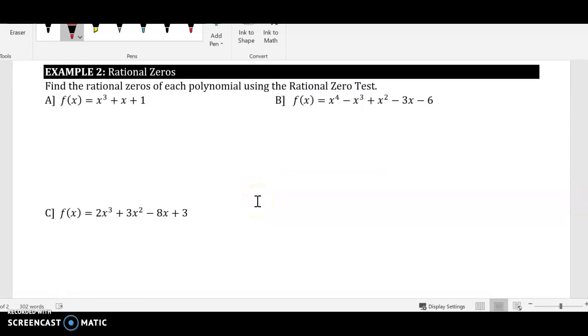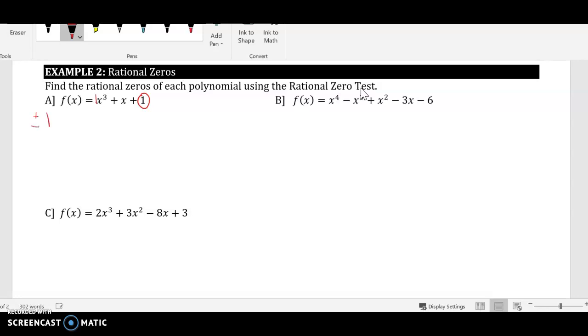All right? So next, find the rational zeros of each polynomial using the rational zero test. The rational zero test has become a little bit outdated because of the calculator, but we can take a look and see if we can determine the rational zeros, and then we can use synthetic division to find out what the zeros are. So based on this, you make a fraction out of the constant and the leading coefficient. So this number, put all the factors of it on the top.